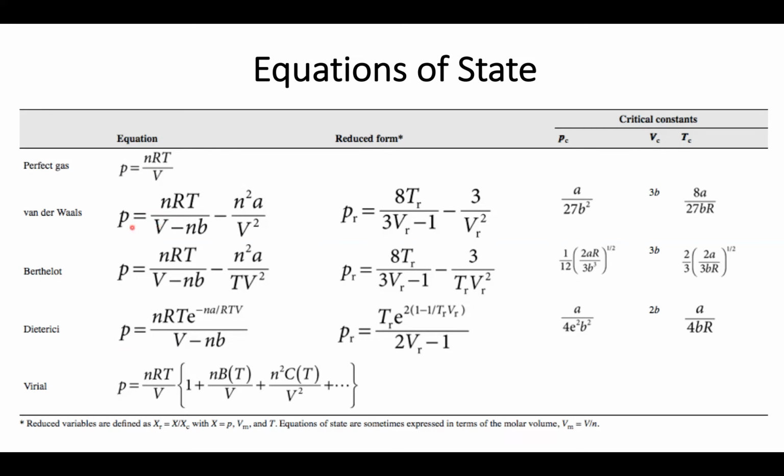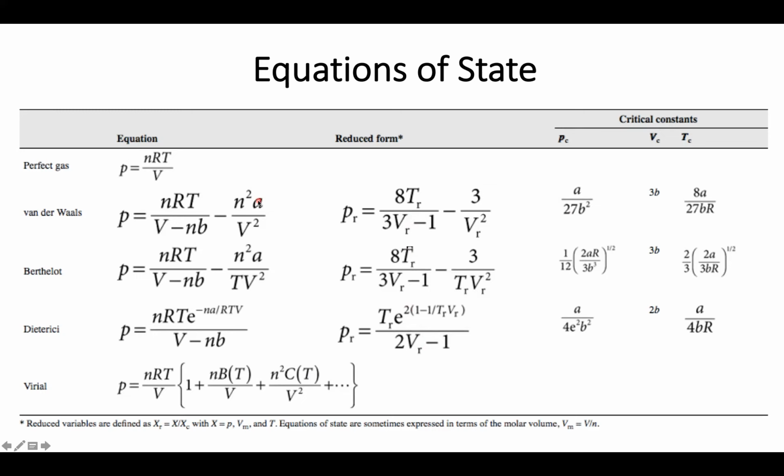And it turns out that when we do this, what we find is that for the van der Waals, the Berthelot, and the Dieterici equation, we end up removing our empirical parameters, which is a really powerful feature. So that, again, shows that every single real gas will follow these exact same equations as long as we work in a reduced space.